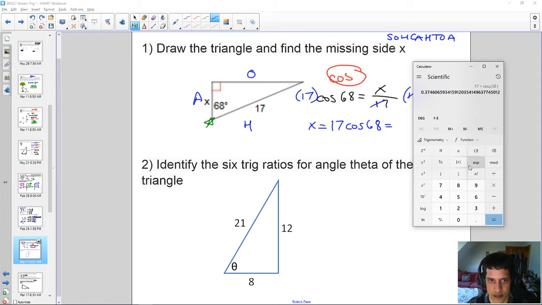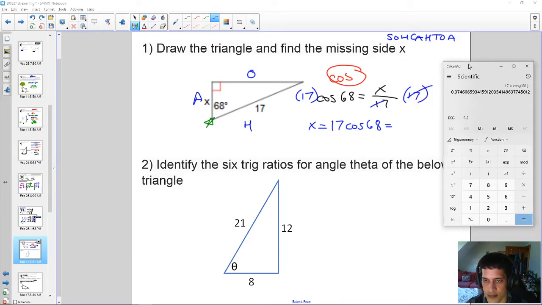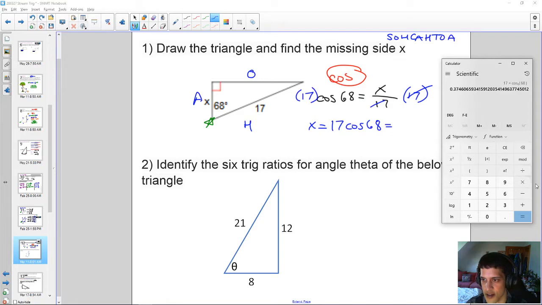I did something wrong here. Cosine, adjacent over hypotenuse, x over 17. So x equals 17 times cosine 68.